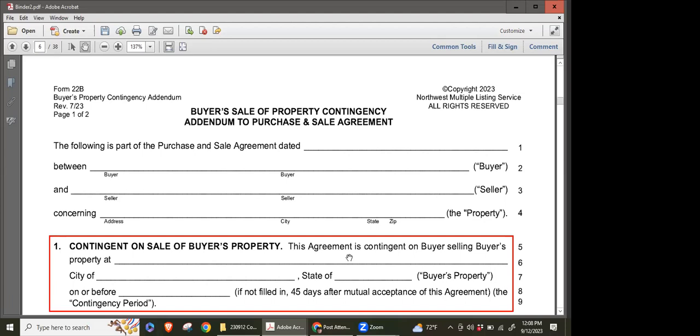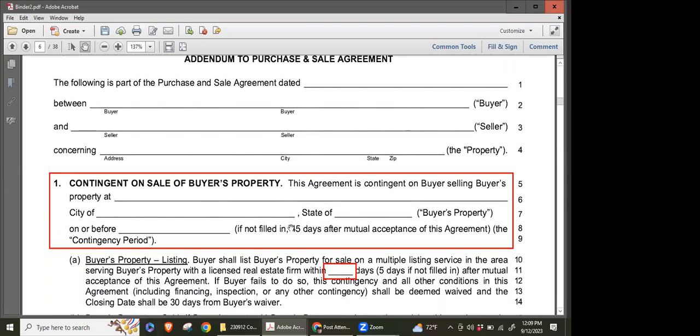The closing and the contingent. Yes, on the other home. Really good, Chris. And so it should either say see Form 22B or leave it blank. So that's the first thing when I get a 22B, I get out of this document and go back and look at their 21 and make sure that that is correct.